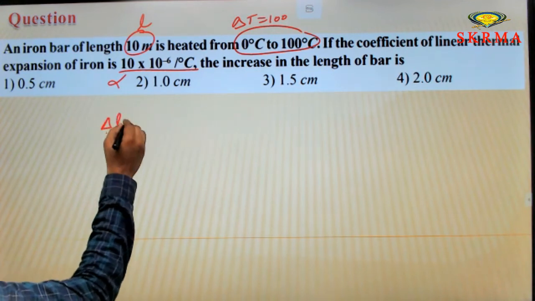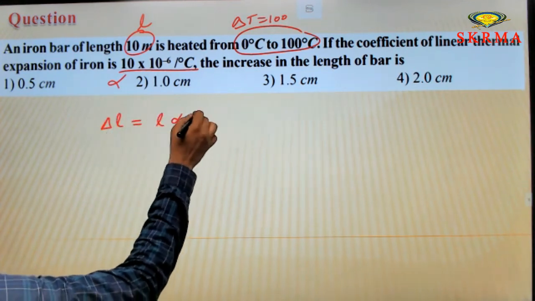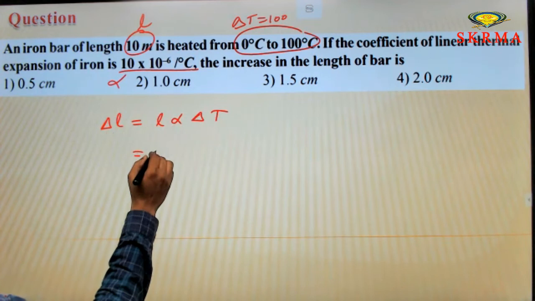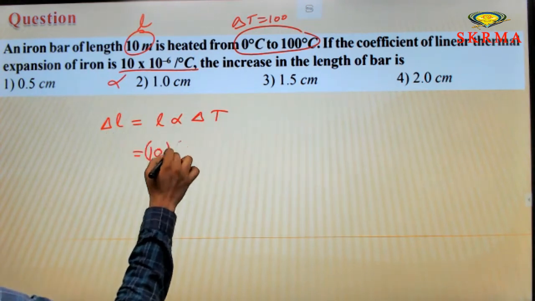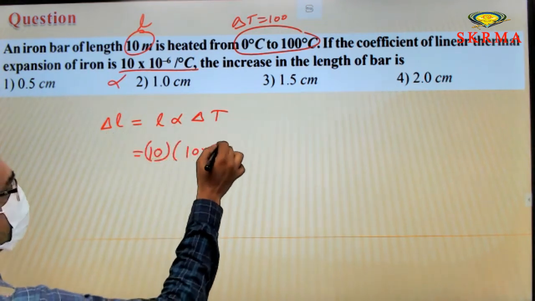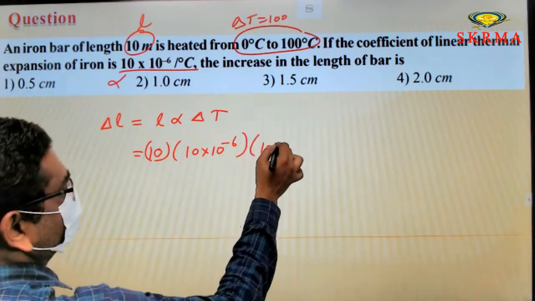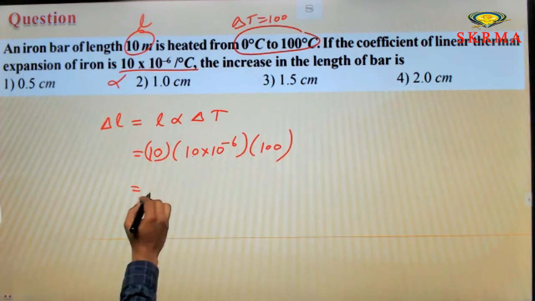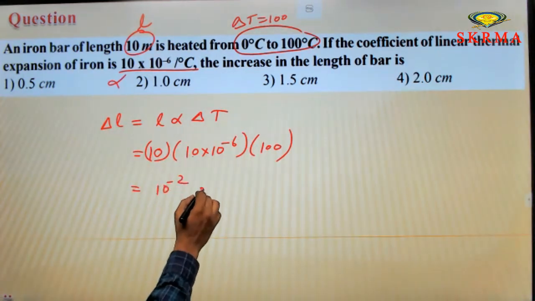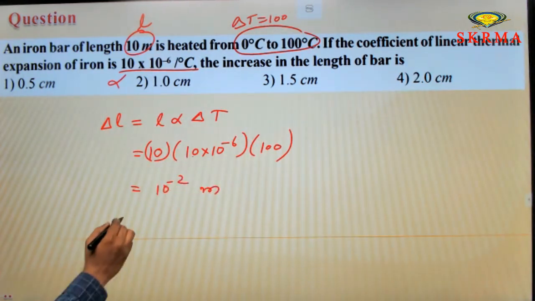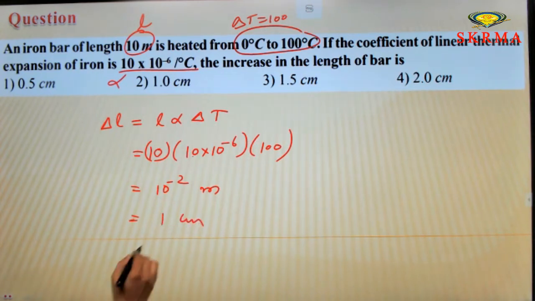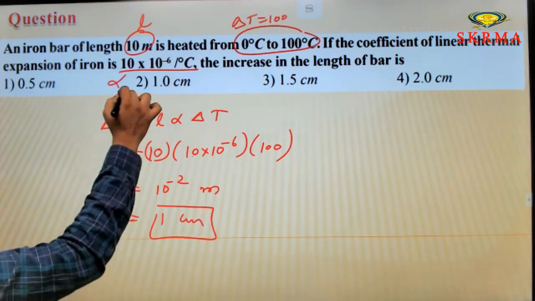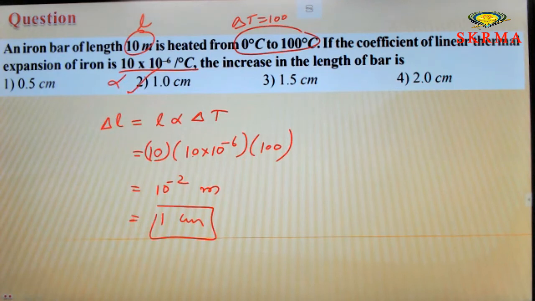The formula is delta L equals L alpha delta T. Direct substitution only: length 10 meter, alpha 10 into 10 power minus 6, change in temperature 100. So it is 10 power minus 2 meter, or 1 centimeter. The second option is the correct one.